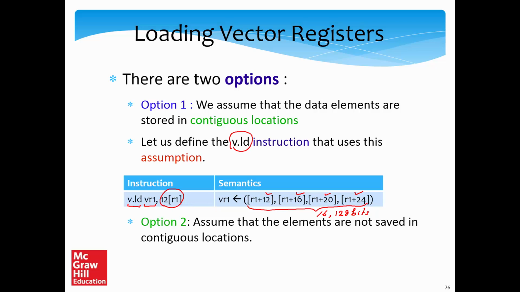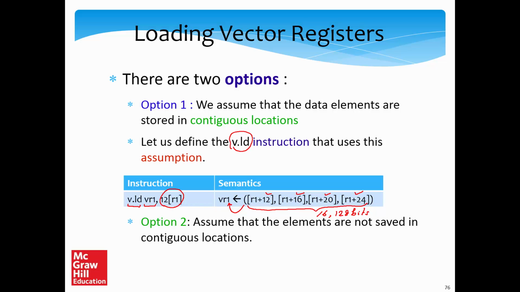And since we are making a strong assumption that we want to load 16 consecutive bytes, in groups of 4, from one memory area, we are loading these 4 integers or 4 floating point values into a vector register, VR1 in this case. This is the semantics.